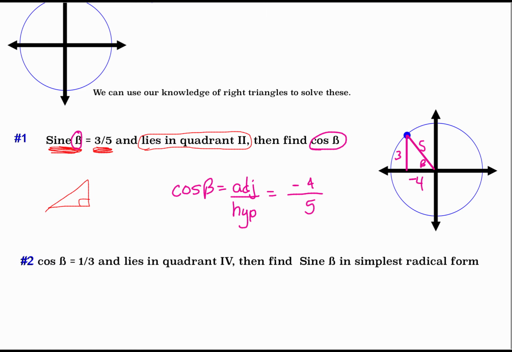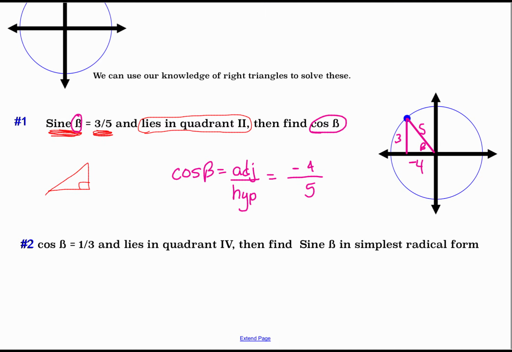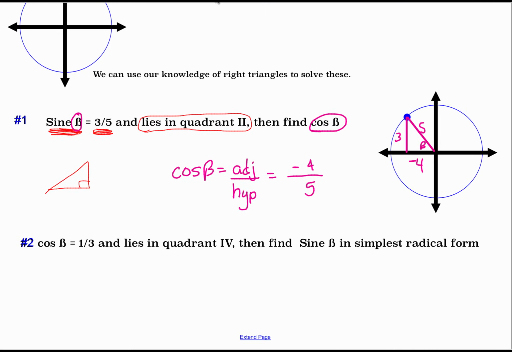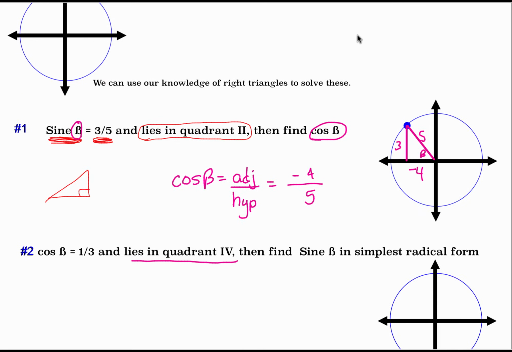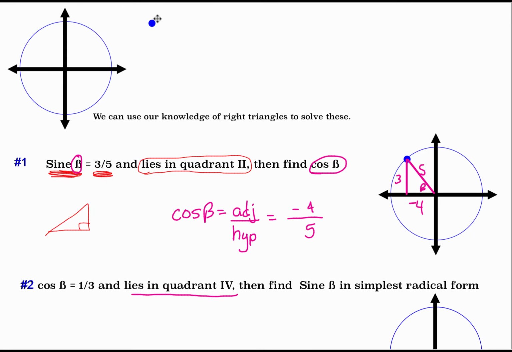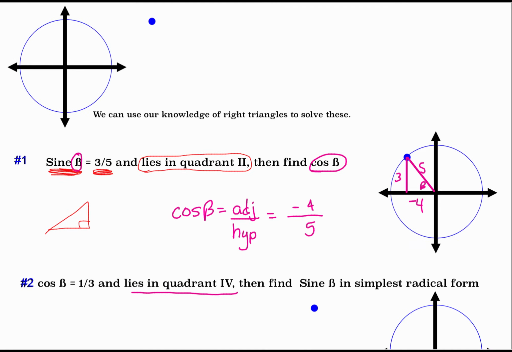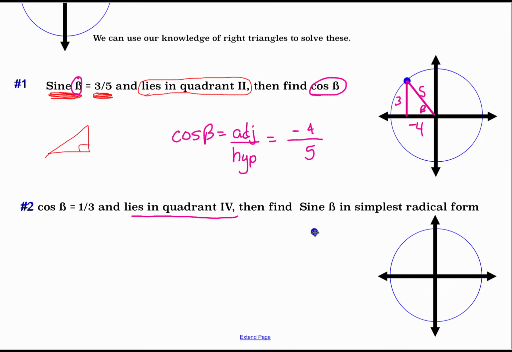Okay, so moving on to example 2, let's see what they want us to wrangle with then. All right, cosine of some angle is 1/3 and lies in the 4th quadrant. So I always draw myself a picture. I know you people don't like to draw any extra, but it helps. And since it's in the 4th quadrant, let's get my dot over here. And let's travel along our unit circle till I get to the 4th quadrant.